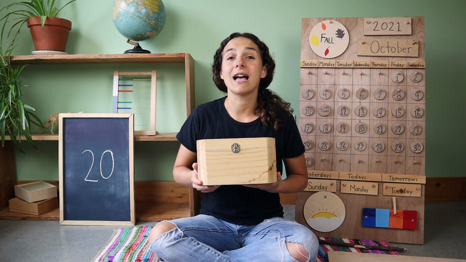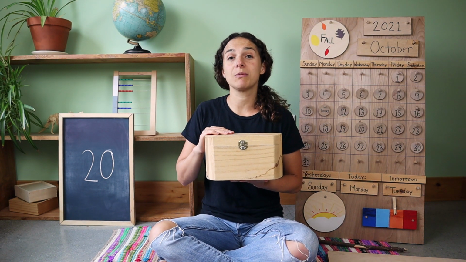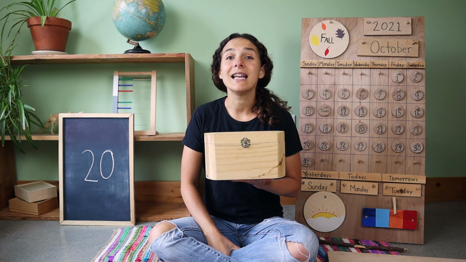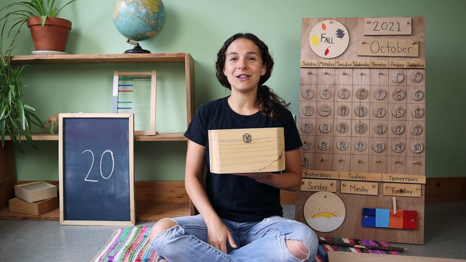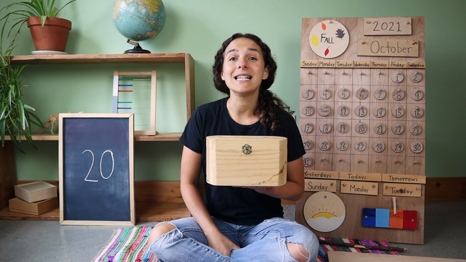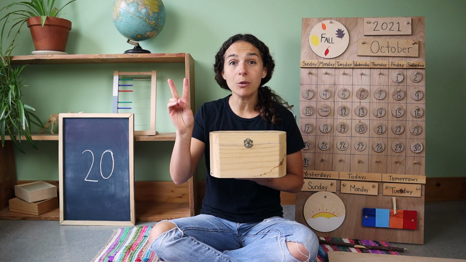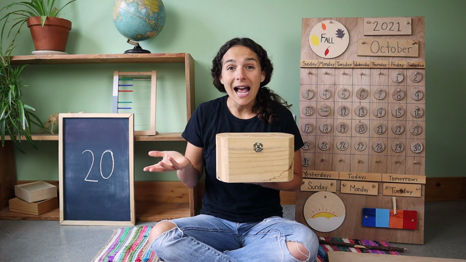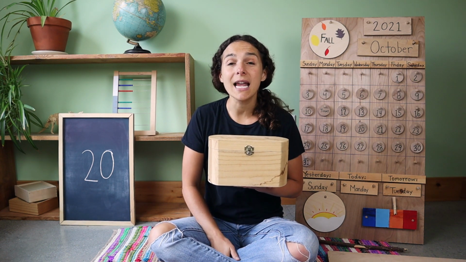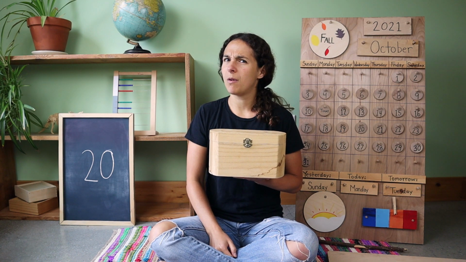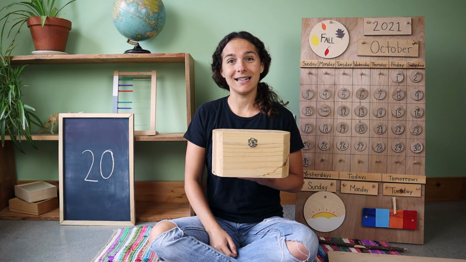Inside of this box, I have something that starts with the letter E, and it makes the long sound, E. Here's your first clue. This is a number. This number is a double-digit number. It's actually made up of the same number 2 times. What number could it be?